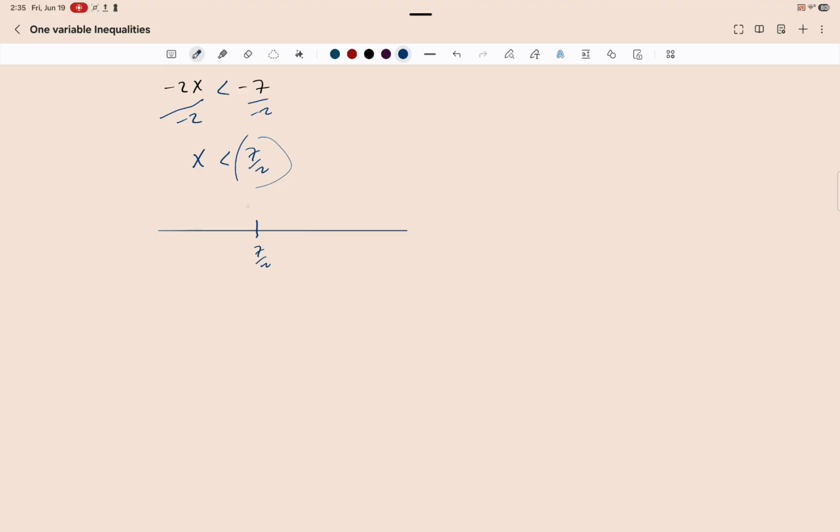So in this case, I have to go to the left of 7 halves, and remember it's a parentheses. So it would be 7 halves, and remember it's all of the numbers here which make this inequality true.